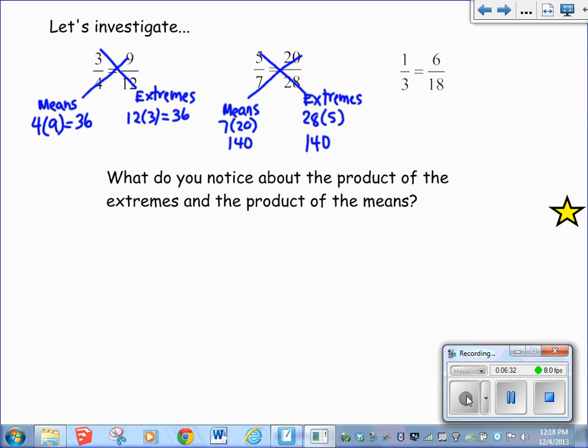So once again, we see that the product of the means equals the product of the extremes. What do you notice about the product of the extremes and the product of the means? What's the sentence we could write there? Nice complete sentence. Logan? The product of the extremes and the product of the means are the same.